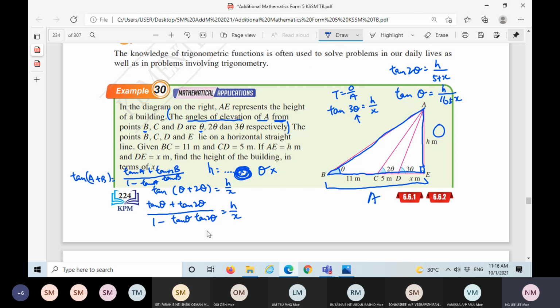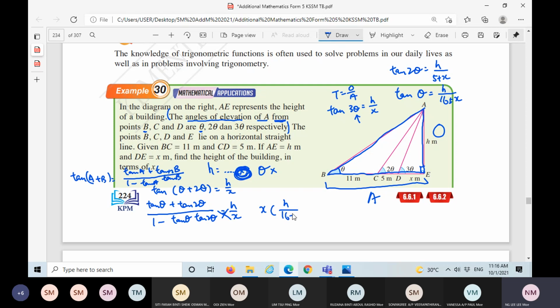But before that, I know it will become very complicated because you have a lot of fractions. So what I'm going to do is I cross multiply first. I have the X times this, so I write it as X times with the tangent theta. Now I substitute already.